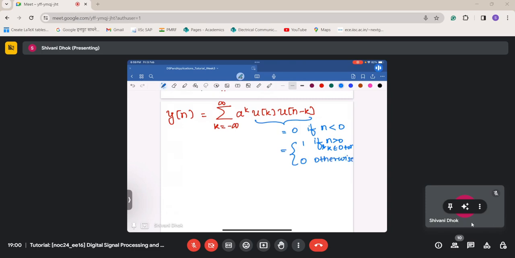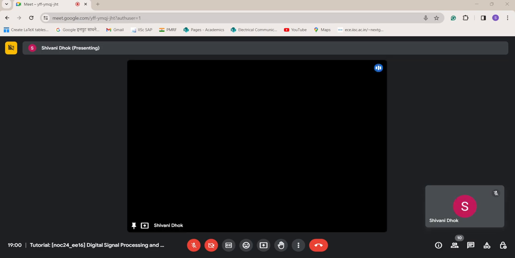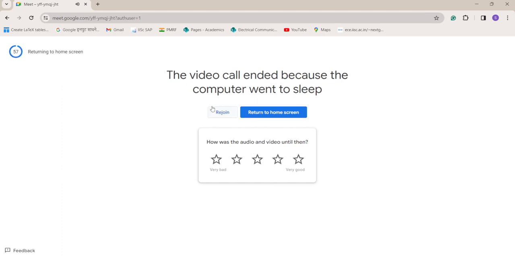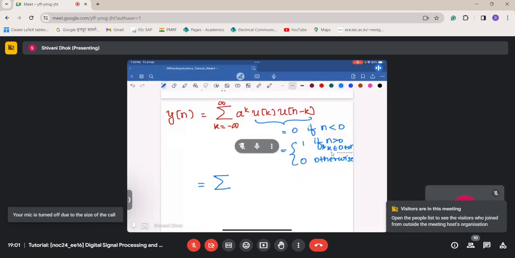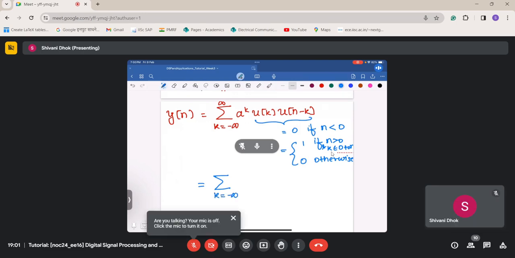So now I can write this as the summation over k from 0 to n of a^k, and this should be multiplied by u[n].